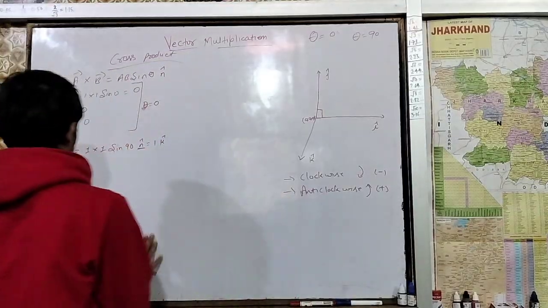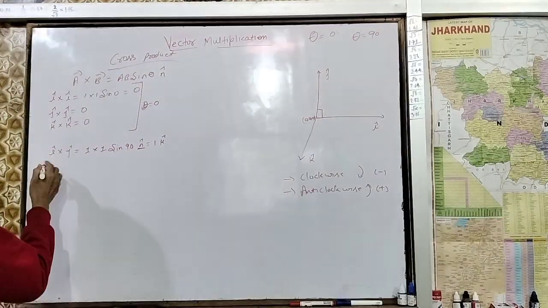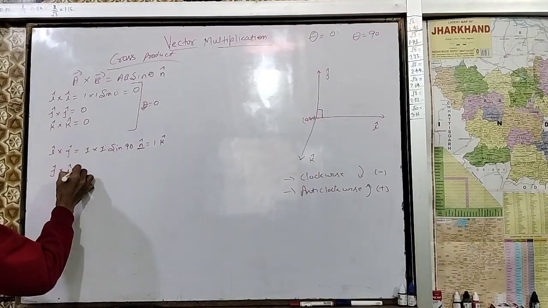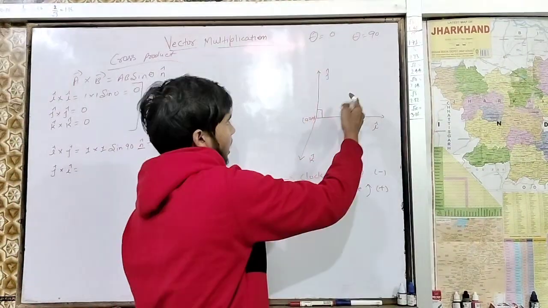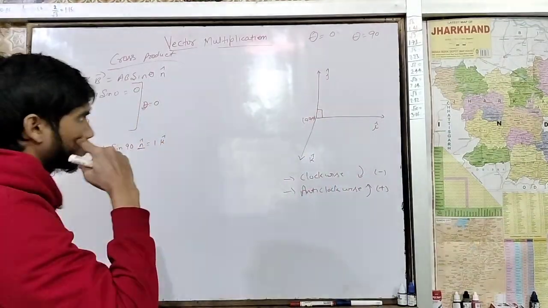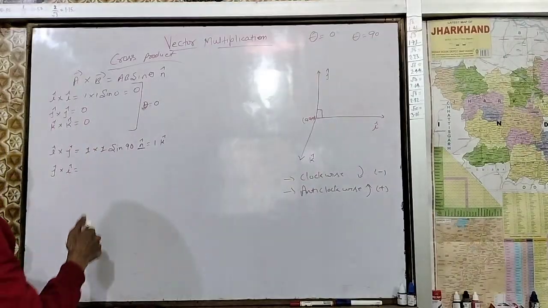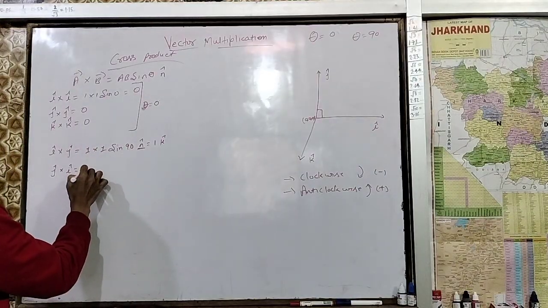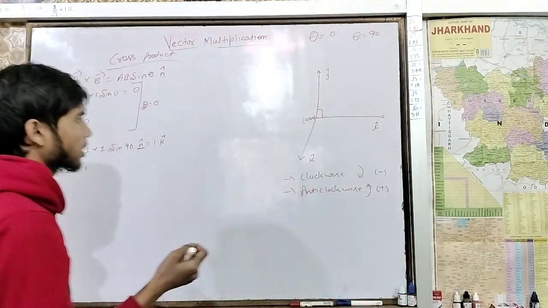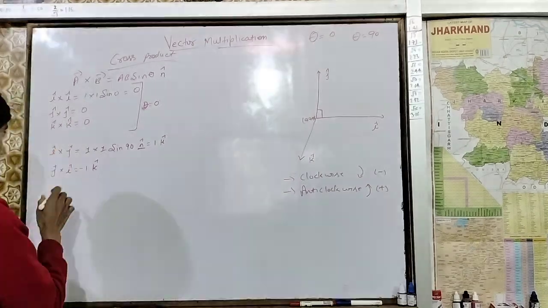The same will happen with the other positive k cap. Now j into I cap. This is our j and this is our I. So we are going clockwise. The direction is clockwise, so the result would be negative 1, and then the next axis is k cap, but this is negative.